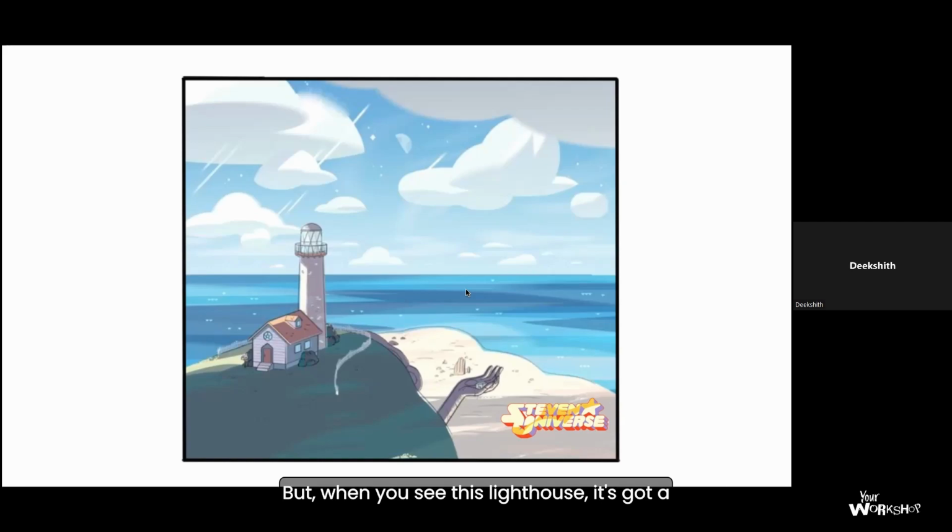But when you see this lighthouse, it's got an elliptical shape, which is showing a top portion of it. Yeah, so that's wrong, or the horizon line isn't up, because if it's up, the houses should be really low, which isn't the case here.